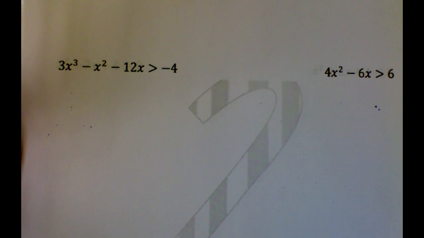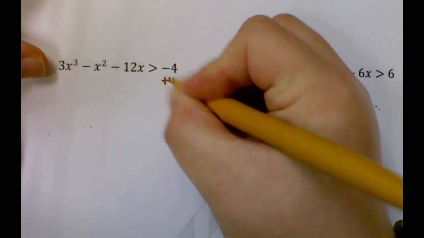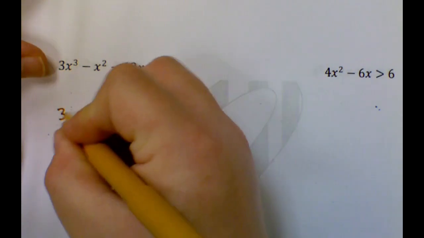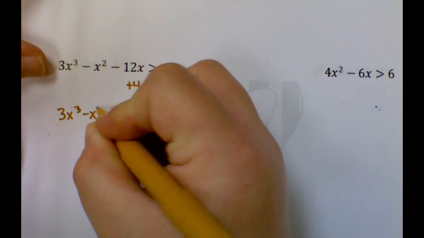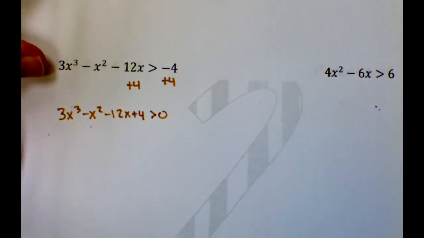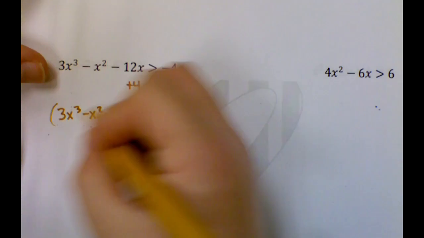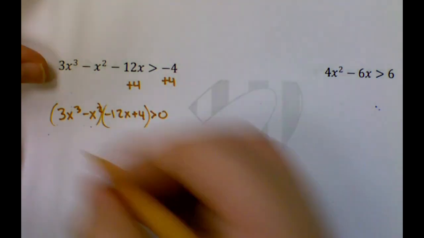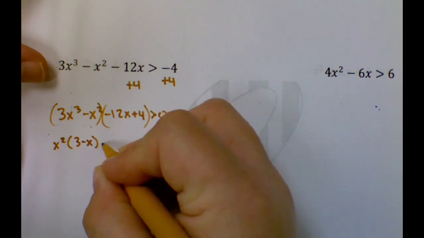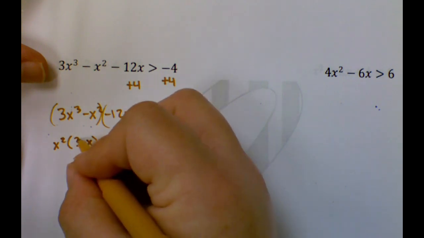All right, this one throws a new trick at me. Because that 0 was so key, I have to add this 4 over to the other side before I can do anything else. So I have 3x cubed minus x squared minus 12x plus 4 is greater than 0. Now I can factor by grouping. So I'm going to take out an x squared, leaving me 3 minus x. Nope.